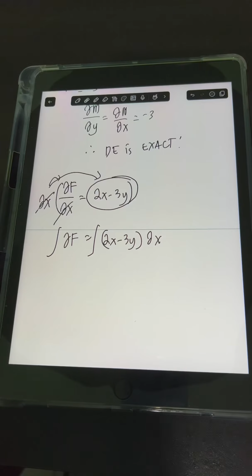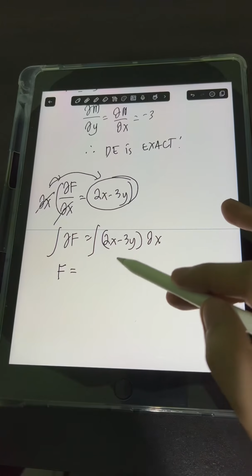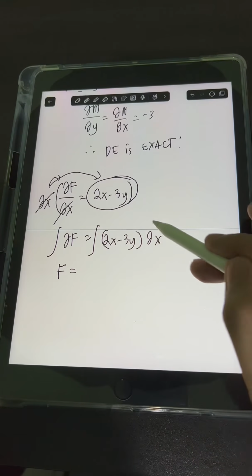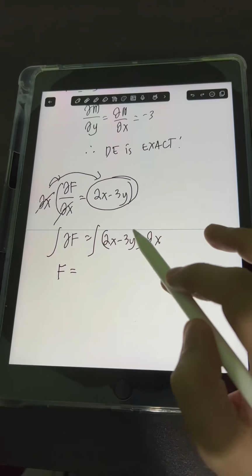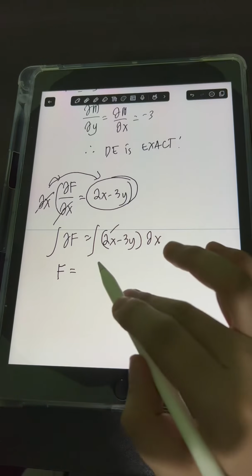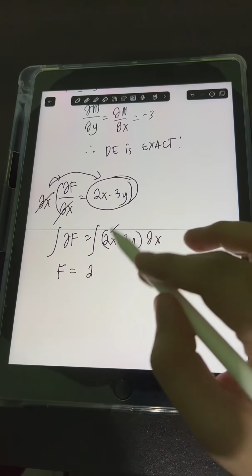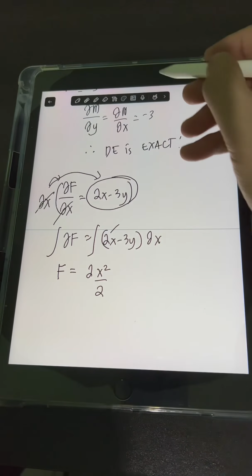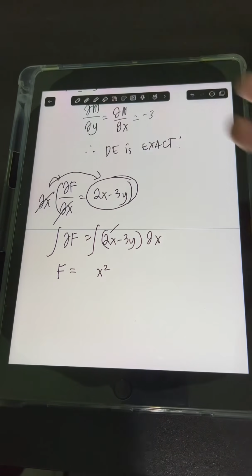The next step is to integrate both sides of the equation. For the integral of df, that's equal to f, and on the right side, the integral of 2x - 3y with respect to x. So this time we will integrate with respect to x, meaning just like in partial derivatives, we will treat all the variable y as constant and integrate all the variable x. So we will integrate term by term. First, for the integral of 2x, we will have 2 times the integral of x, applying power rule, that's x squared over 2. So we can cancel out this 2, we are left with x squared.